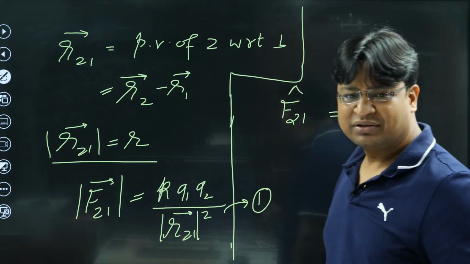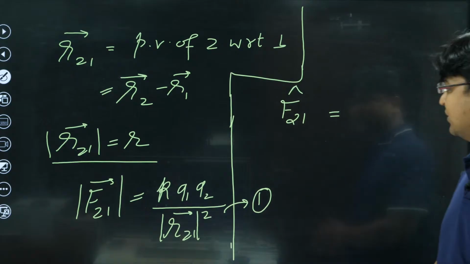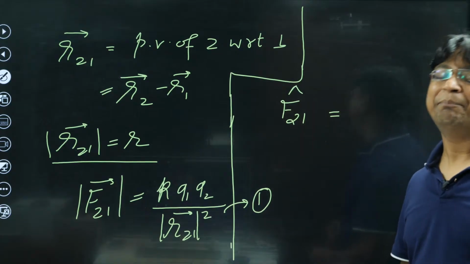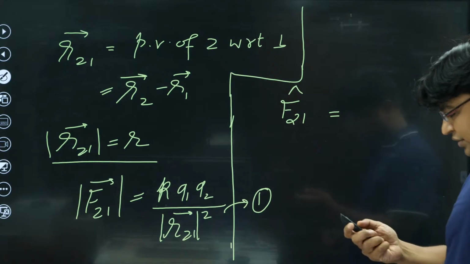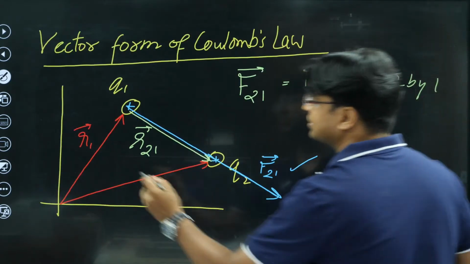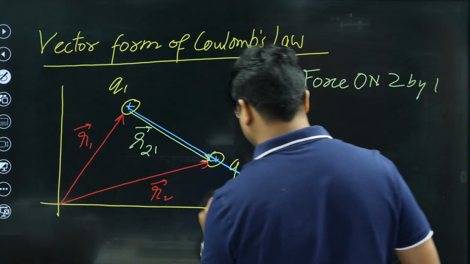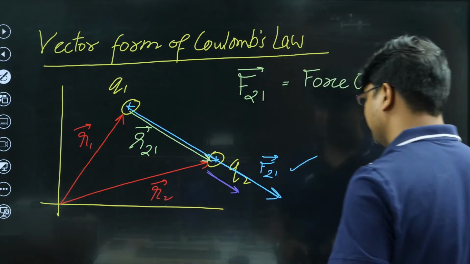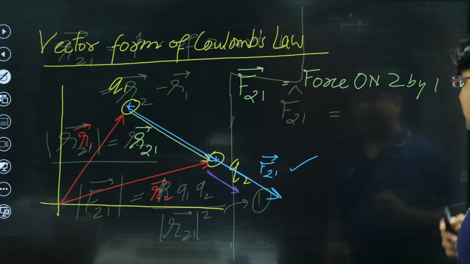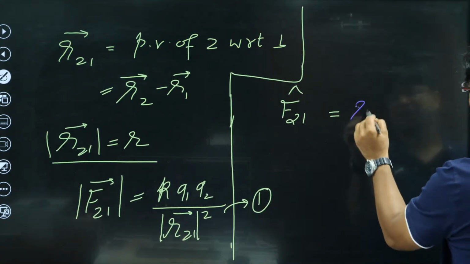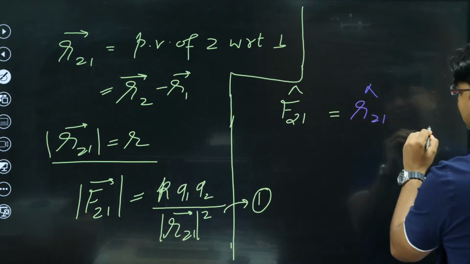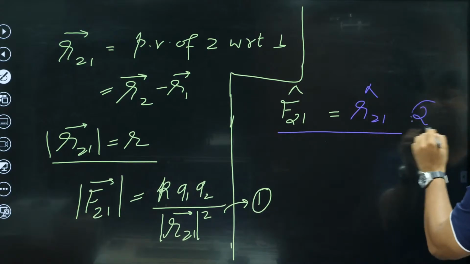Do you know what cap means? This is the unit vector parallel to F21. So F21 cap means the unit vector in this direction. Now tell me guys, is this the same as R21 cap? That would be my second equation.